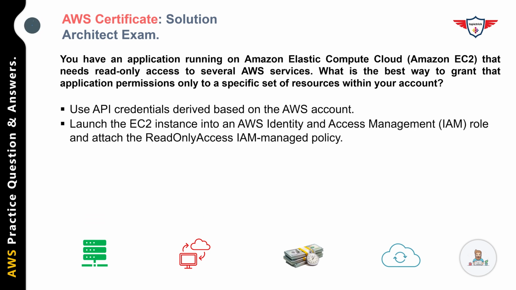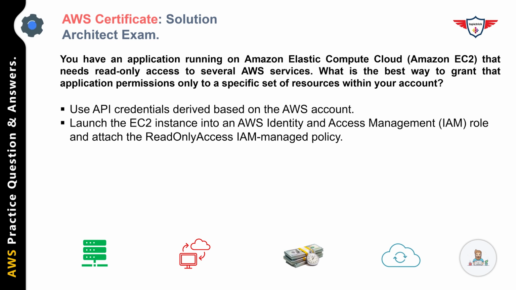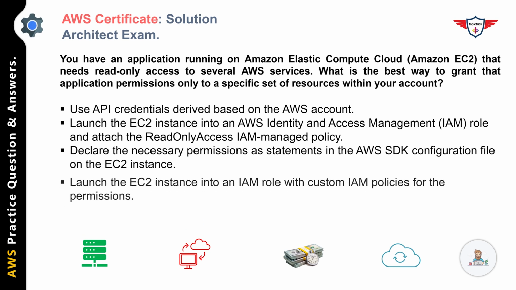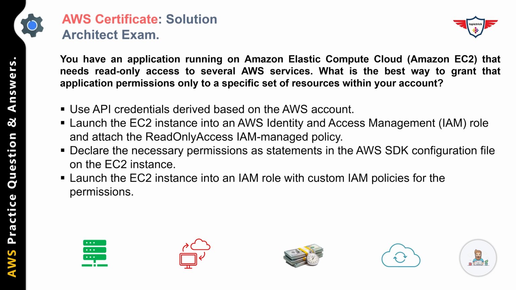And your options are: use API credentials derived based on the AWS account; launch the EC2 instance into an AWS Identity and Access Management role and attach the read-only IAM managed policy; declare the necessary permission as a statement in the AWS SDK configuration file on the EC2 instance; launch the EC2 instance into an IAM role with custom IAM policies for the permission.